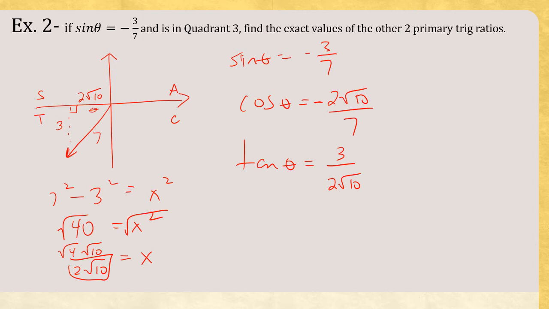It's in the third quadrant, so we know it's positive for tan. But we've got a problem now. I got radicals in the denominator, and I don't ever want radicals in the denominator. How do I clear them? Well, you got to go back to unit 1. You multiply by root 10 over root 10. So that's 3 root 10 over 2 times 10, right? 3 root 10 over 20.